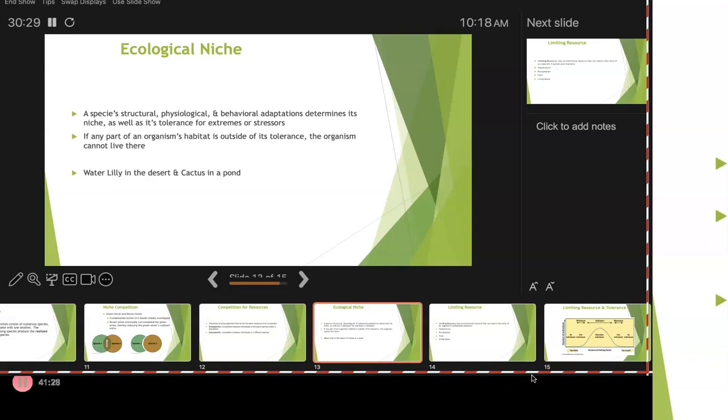So on and so forth. Water lily in the desert and cactus in the pond. That cactus may think it looks really beautiful out there in the middle of that lake, but there isn't a thing it can do to make itself live there. And vice versa.